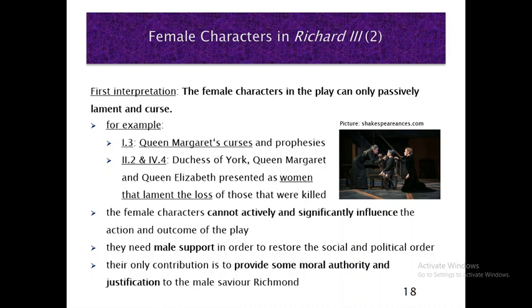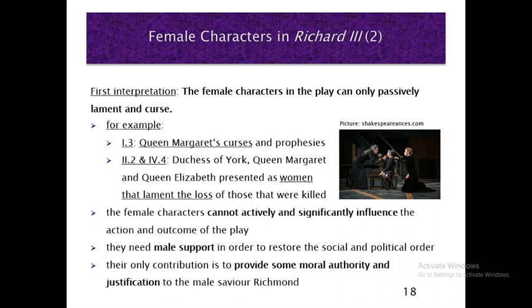And what do I mean by moral authority and justification? They constantly lament, they constantly complain, they constantly blame Richard, and they blame as wives or mothers. And this gives them a very strong moral impetus, a very strong moral position. No one can really refute this if they say Richard is to be blamed for having killed my children.